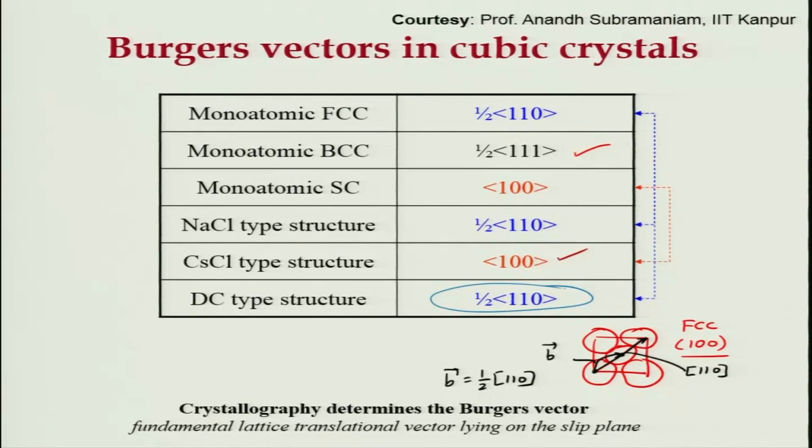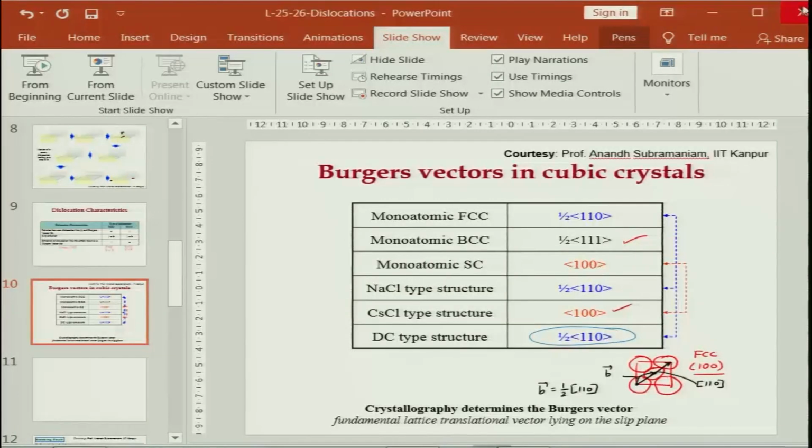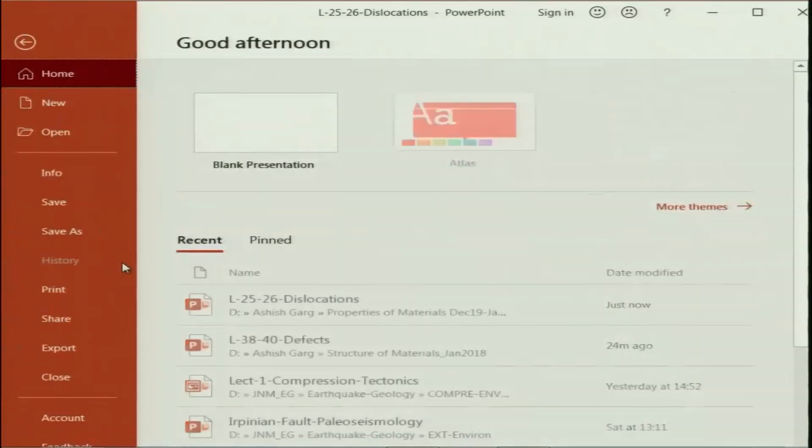So, we have basically discussed what dislocations are, and if you want to follow more details then you need to go to the course on structure of materials to know more.